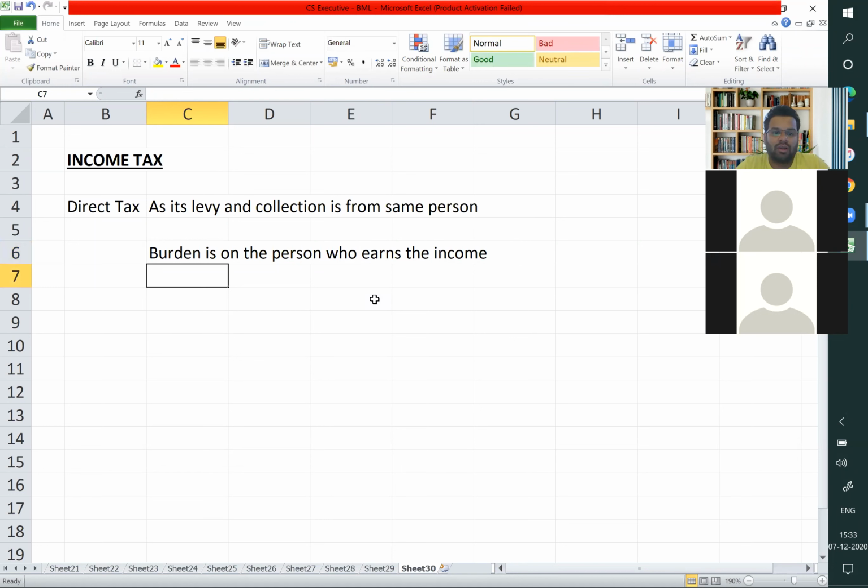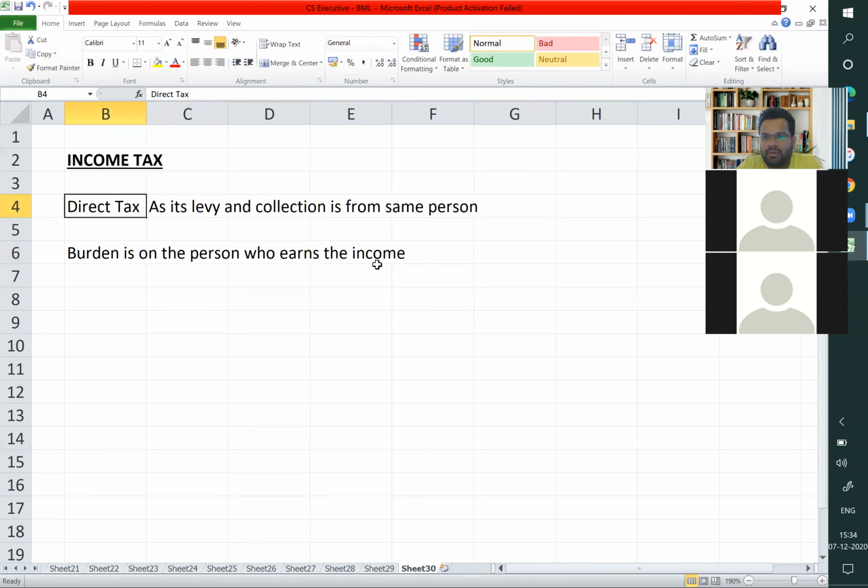The notes and all I will give you. Slowly, steadily follow our sessions. You will understand each and everything. So its burden is on the person who earns the income. Clear? So if I'm earning income, from that income I have to pay some amount compulsorily to the government. That is income tax.